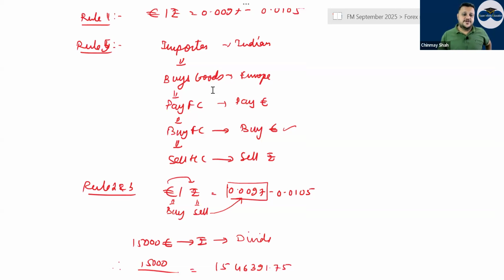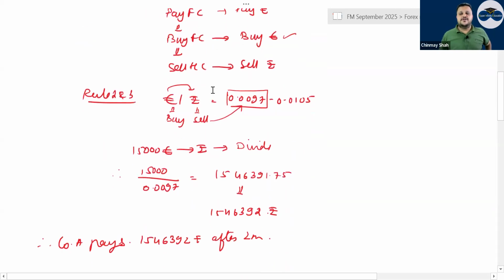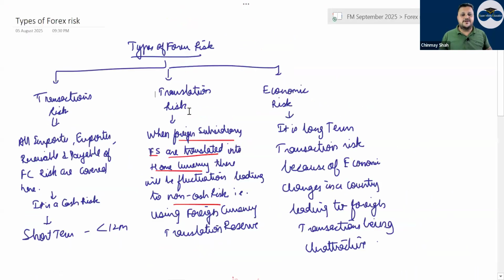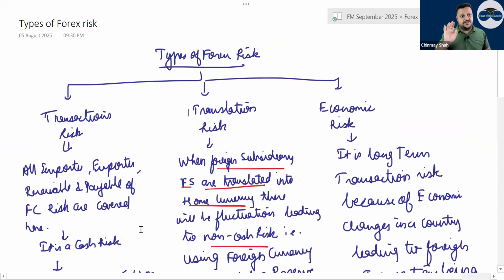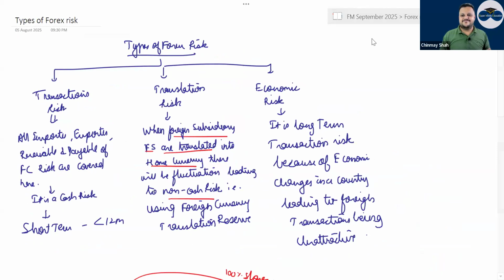And you want to convert euro to rupees, so you will divide. Most of you have this problem, not being quite comfortable with forwards or with using these rates. Even if you know forwards, tell me what the next difficult part is.